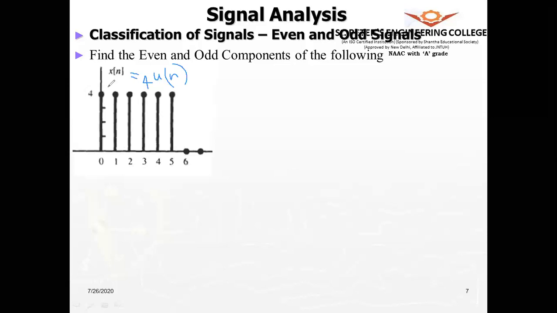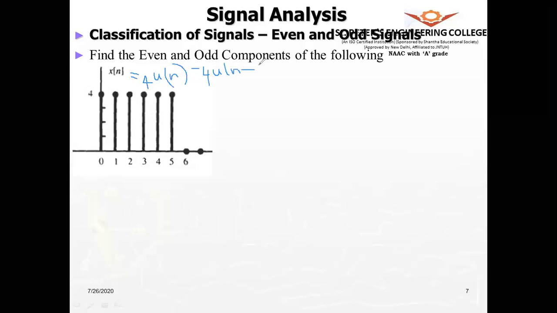So the signal given in graphical form can be represented in function form as x of n equals 4 into u of n minus 4 into u of n minus 6.